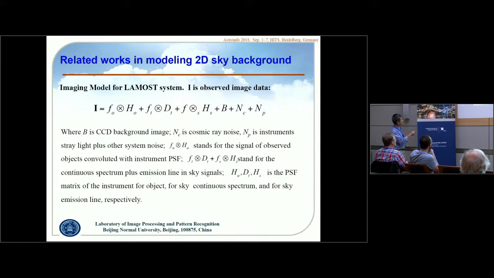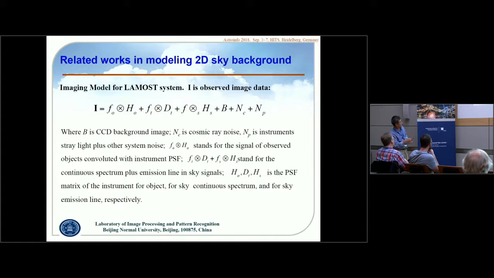It is related to the source, the object light, the background of the instrument, and the noise. This part is the sky light.